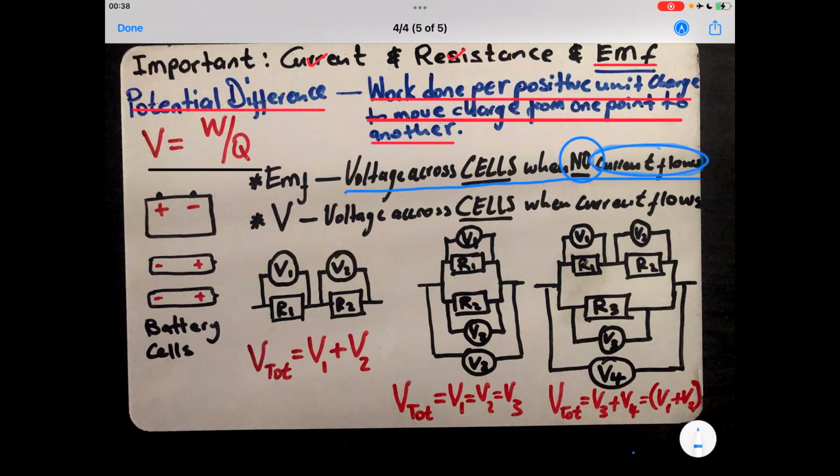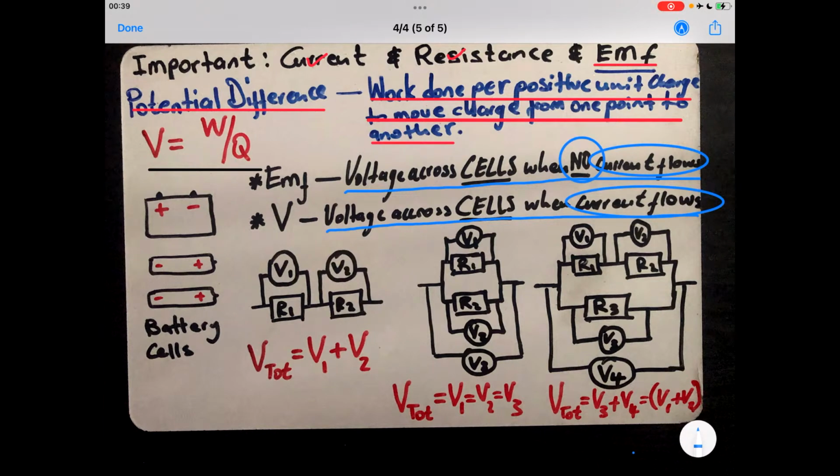Then let's compare it with the V. The V refers to voltage across cells when current is flowing. Can you see? In this case, that's when the current is flowing.